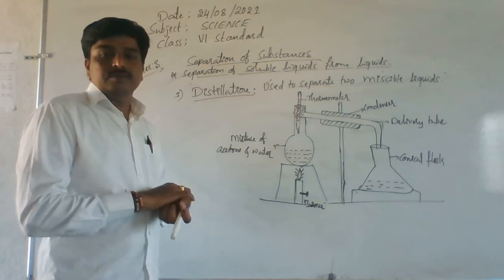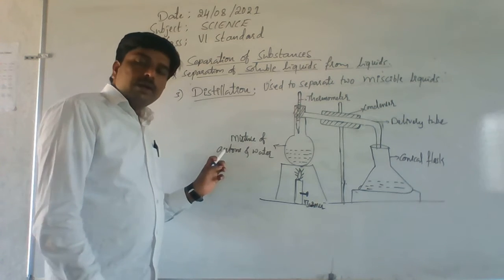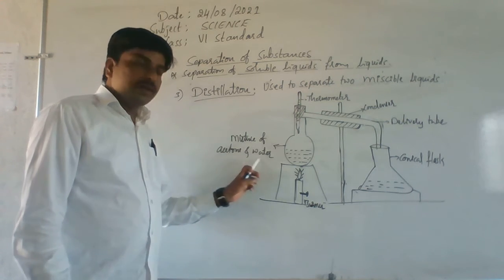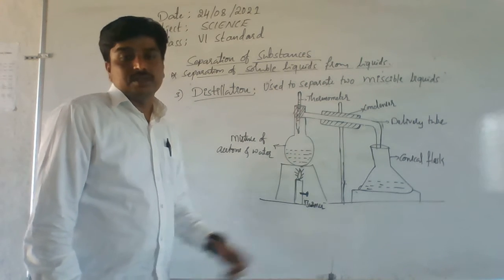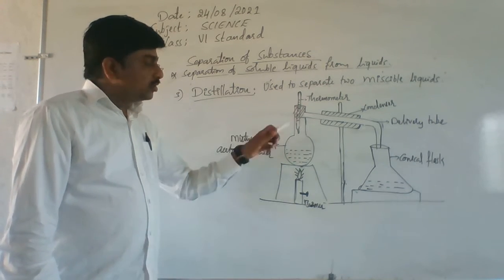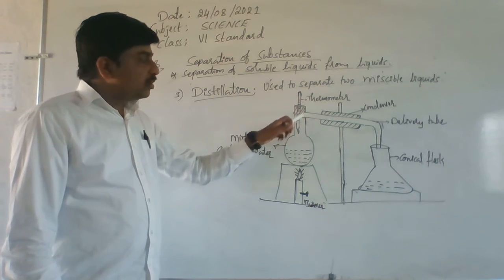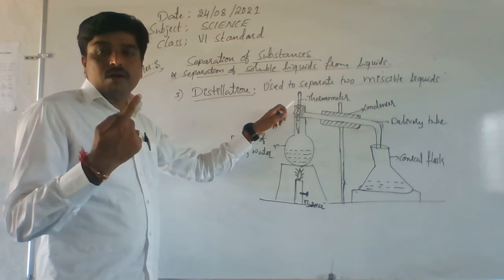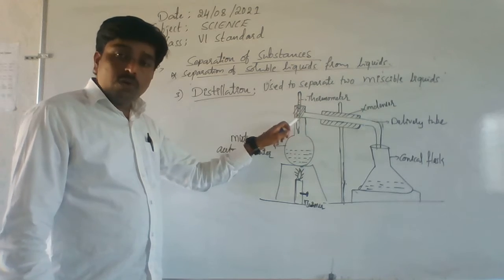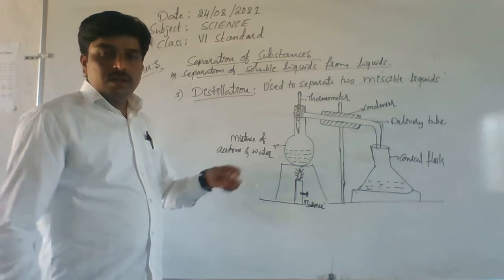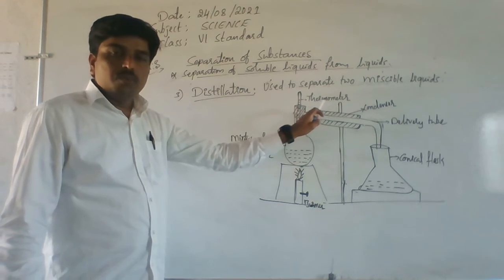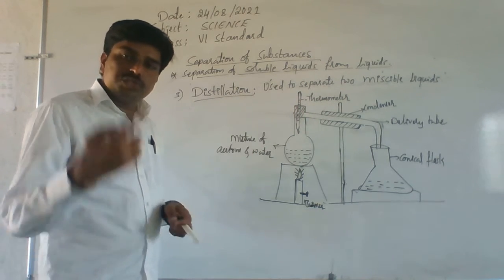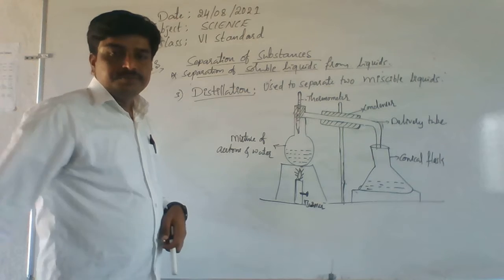They can mix with each other, hence we are taking a mixture of acetone and water in the distillation flask. This flask is closed with a one-hole rubber cork, and in that hole we are fixing a thermometer to check the boiling point of the liquid.